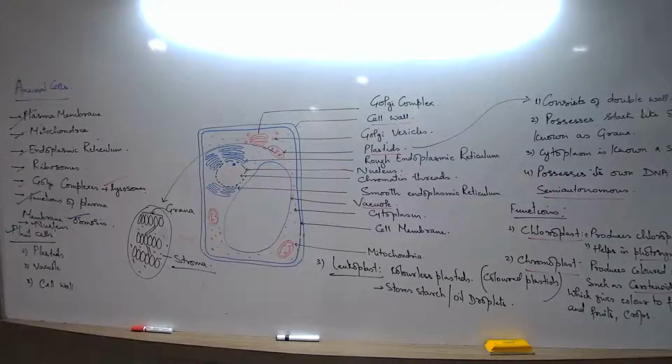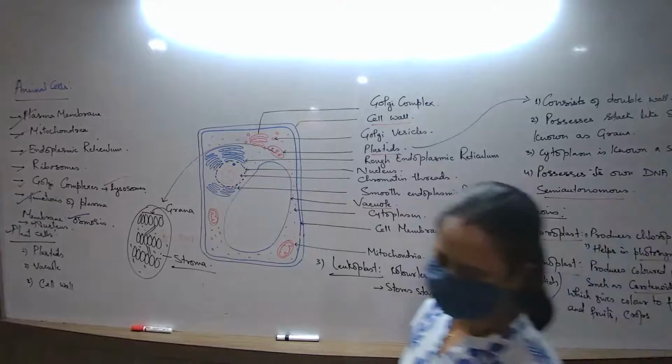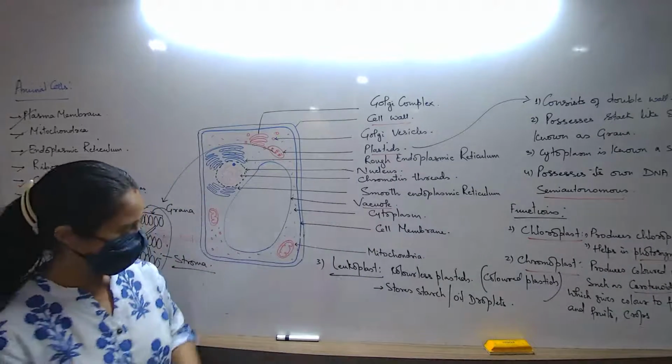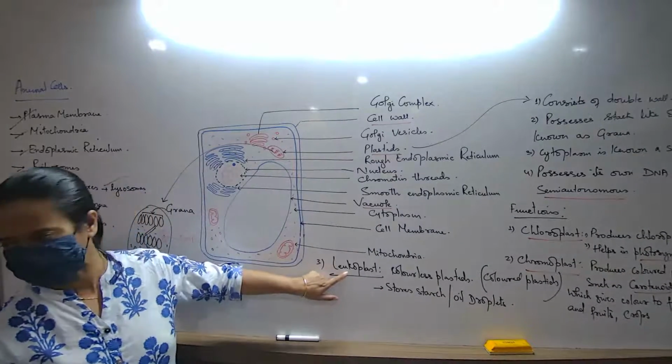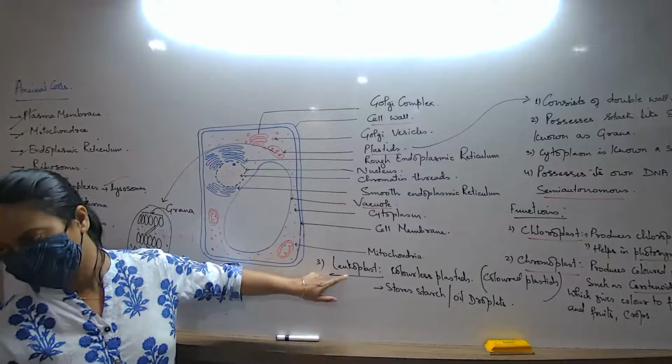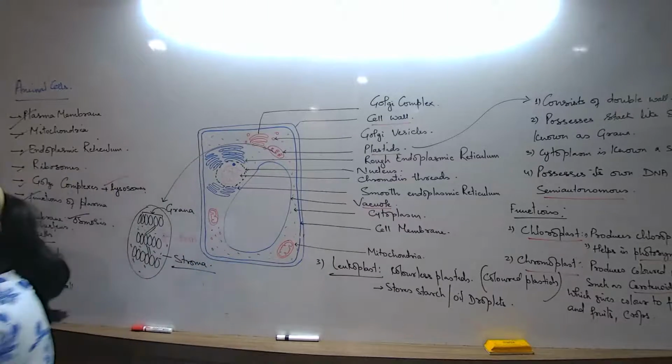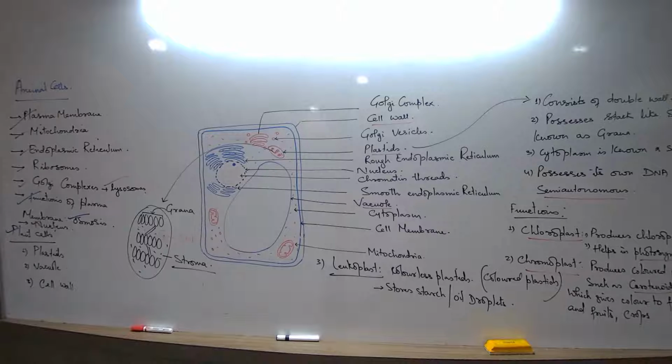Helps in the storage of starch and oil droplets. Leucoplast. So what are the 3 types of plastids? Chloroplast, chromoplast, and leucoplast. Functions याद रखना है. Chloroplast, chromoplast, leucoplast.